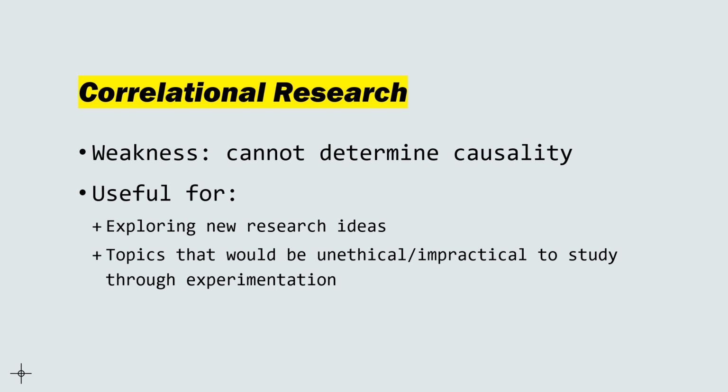I'm trying to figure out what causes something else to happen, these cause and effect relationships. With correlational research, I cannot answer that question. So let's say, like I said, we found childhood trauma correlates with bad relationships in the future. I might be tempted from that to say childhood trauma causes bad relationships later. But if it's correlational research, I cannot make that claim.